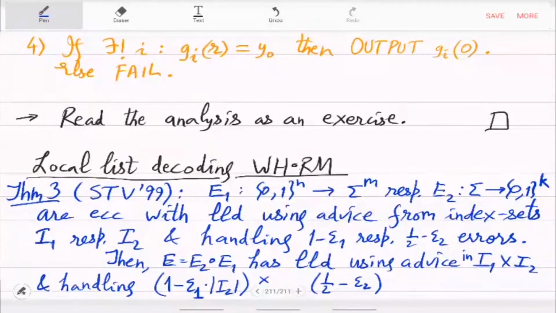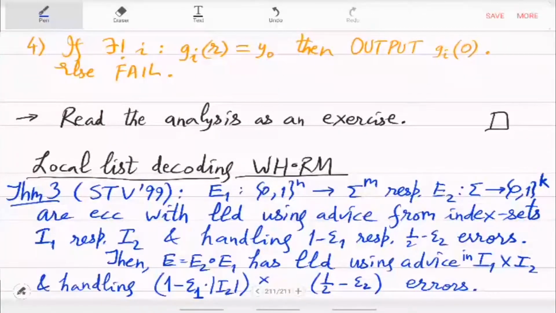To get what advice to pick from I2, you will try all the advice, as many advice strings as there are in I2.